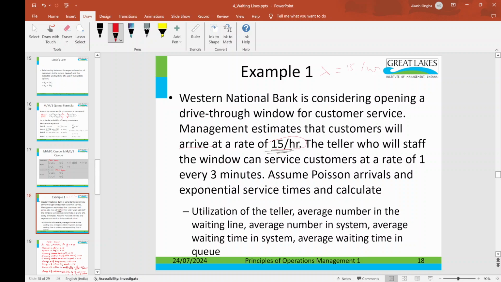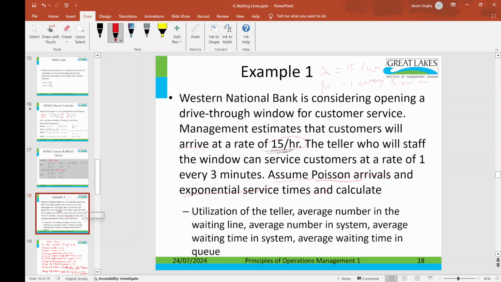And the service rate is 1 every 3 minutes, that is mu. And it is given to assume Poisson arrival and exponential service times. So it is an M/M/1, because it is given that there is Poisson arrival and exponential service.